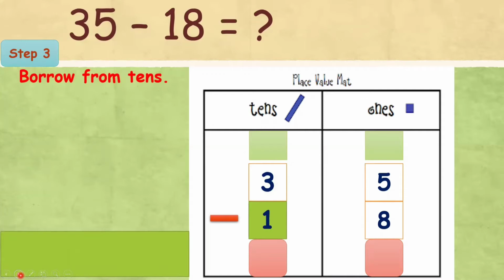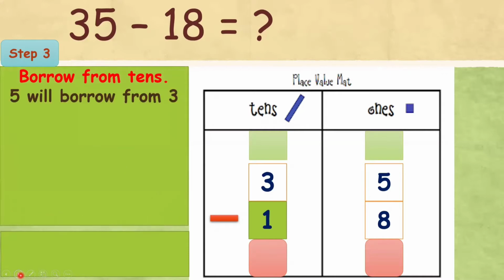Borrow from tens. So now 5 will borrow from 3. As you can see, 3 is in tens place.